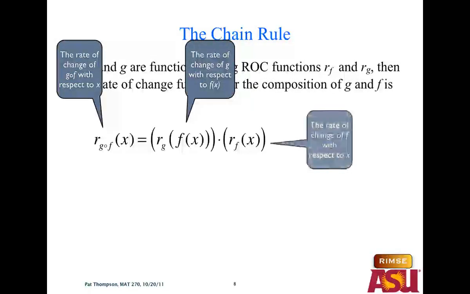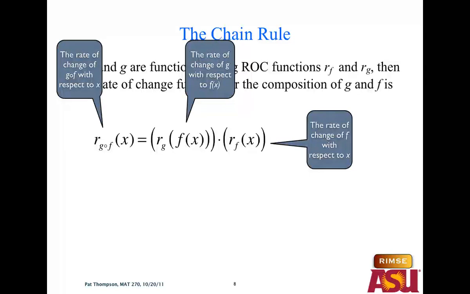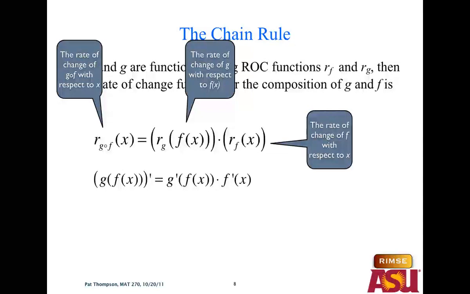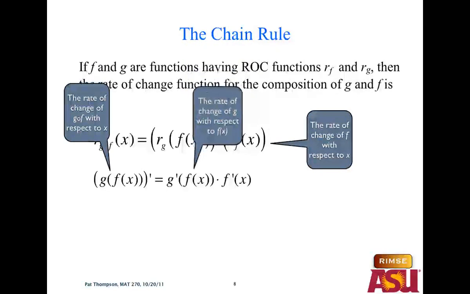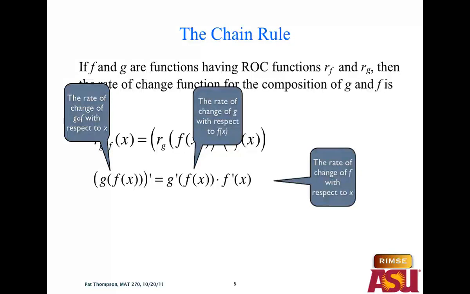Here's how we say those things, as we've been practicing: the rate of change of f with respect to x, the rate of change of g with respect to f, and the rate of change of g composed with f with respect to x. We could also use the prime notation, and you'd say the exact same thing.